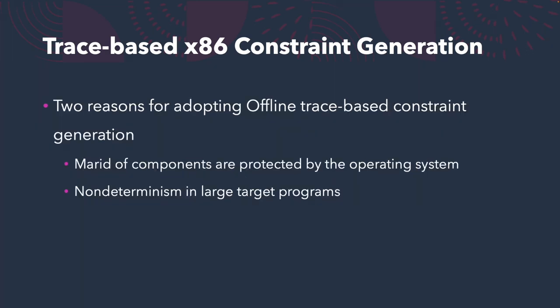There are two reasons for adopting offline trace-based constraint generation. The majority of the components are protected by the operating system, which makes it hard to replace the instrumented versions. As for the non-determinism in large target programs, it makes it hard to debug constraint generation online. However, by utilizing the offline method, SAGE can capture the outcome of all non-deterministic events encountered during the recorded run.